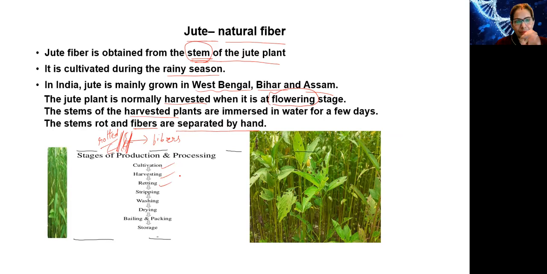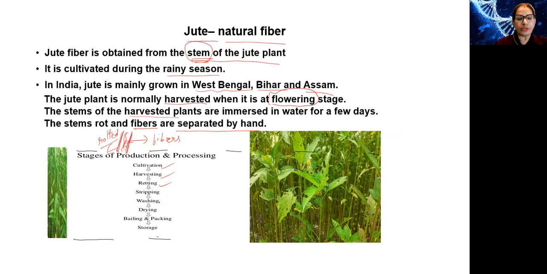Secondly, the stem and the bark also have a sticky substance for jute. To remove the sticky substance, it undergoes retting, where by soaking in water, the bark rots and the sticky substance can also be removed.